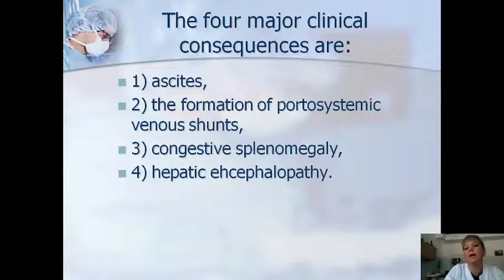There are four main clinical consequences. First, ascites, as I told you, is a result of portal hypertension. As a result of portal hypertension, we see opening of portosystemic venous shunts in the esophagus, in the anus, and in the abdominal skin around the umbilicus.